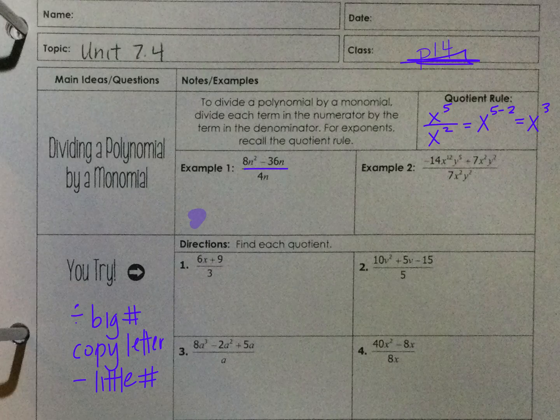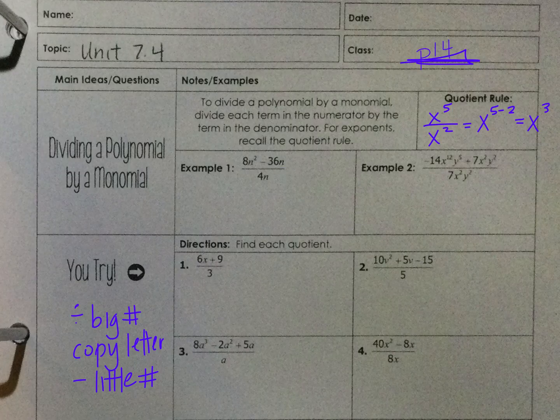When I have a problem like 2x times 8x plus 5, I distribute and I multiply. So we're doing the same thing when we have division. We're going to divide this, and then we're going to divide that, okay?